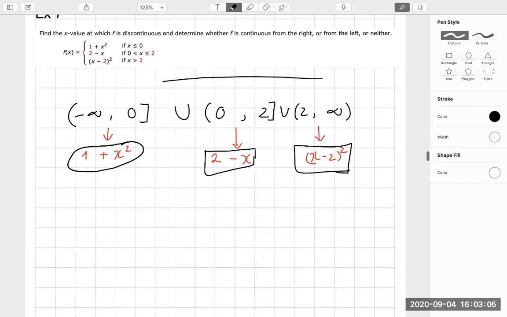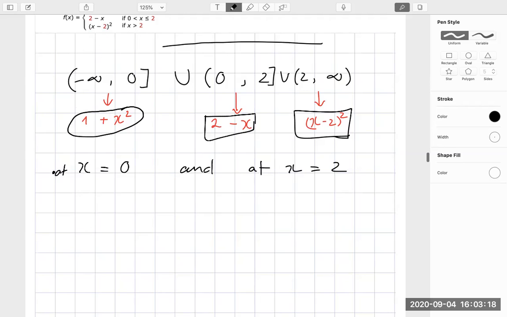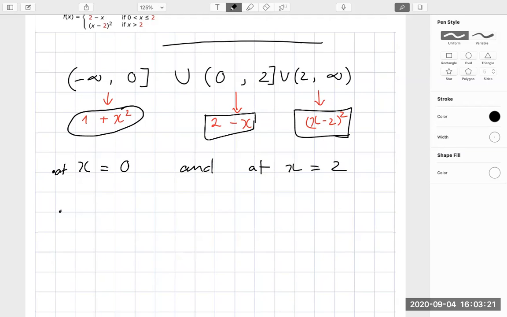The only tricky points are at x is equal to 0 and at x is equal to 2, right? So we have to consider the limit when x approaches 0 from the left, and we need to find the limit of the function f of x when x approaches 0 from the right.